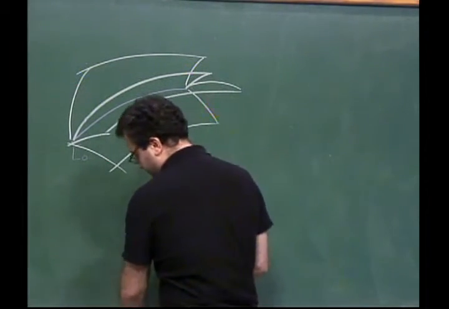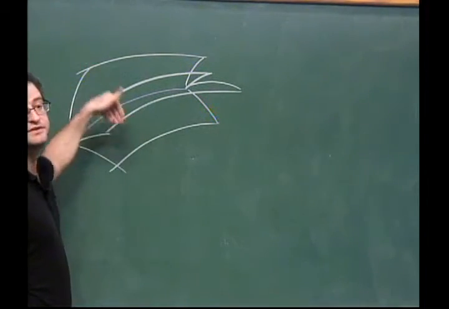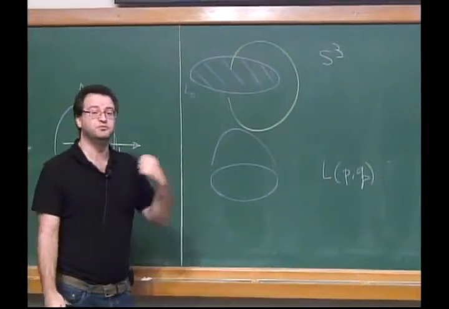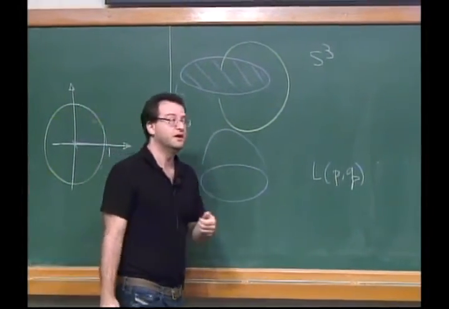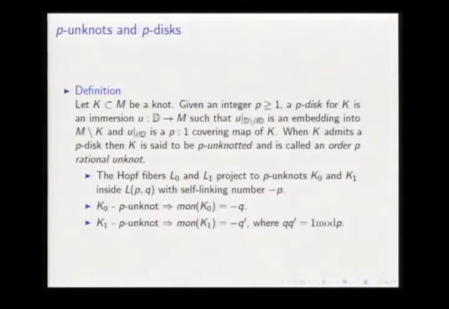There will be many branches of this disk approaching each point of the boundary. Okay, so where is Q, the number Q? P we see here as this number of branches and how this knot descends, P covering it, and how we see this other integer Q. We can see it this way.